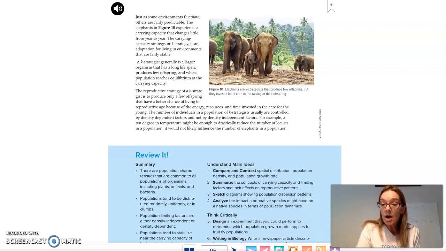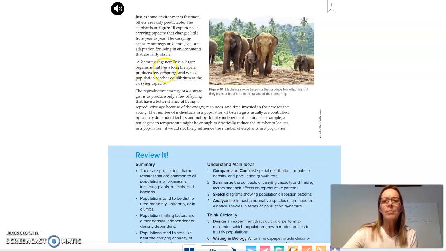They give a lot of time to raising their young before the young become independent. Humans, elephants, these are much more affected by density dependent factors. They're not so affected by temperature changes, and as it says up here, they have longer lifespans.